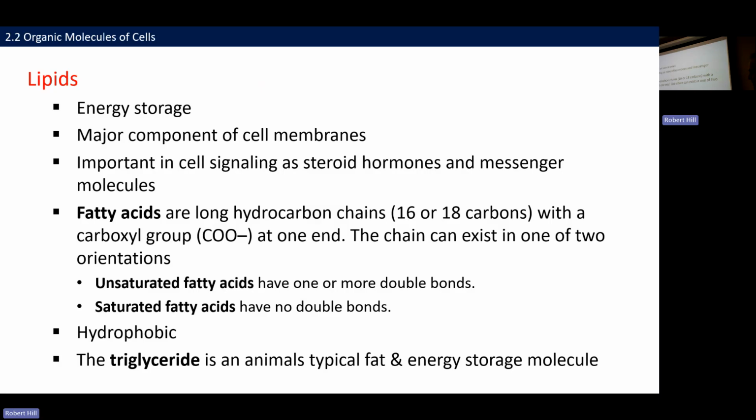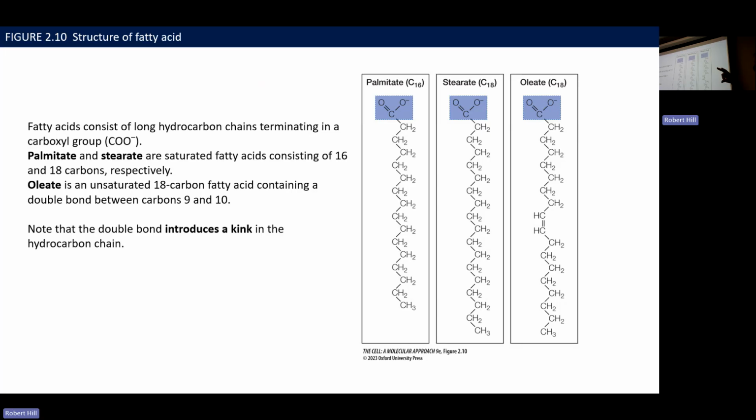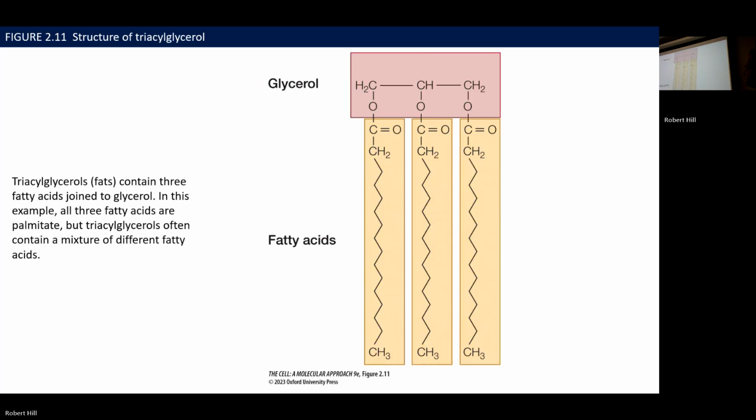Okay, we've got a lot of non-polar stuff here, and we've got that glycerol, which is not highly polar. Okay, that is your glycerol right there. All right, typical fatty acids. This is like when you're cutting the fat off a steak, that's what this is, triglycerides.